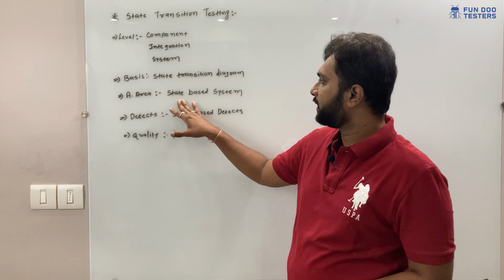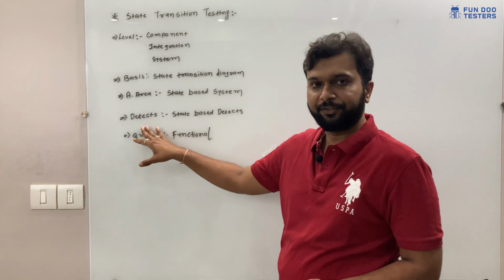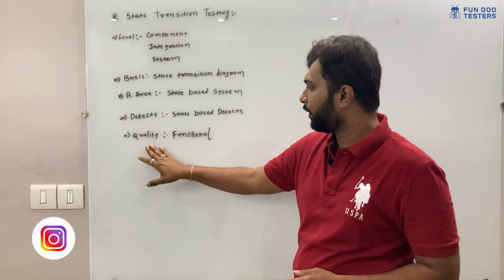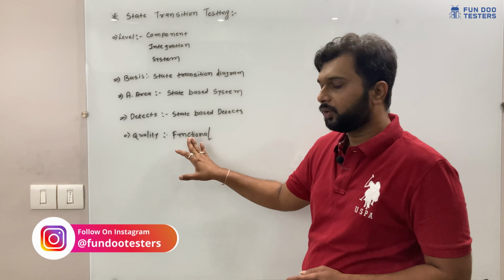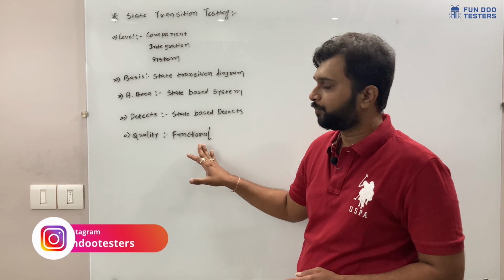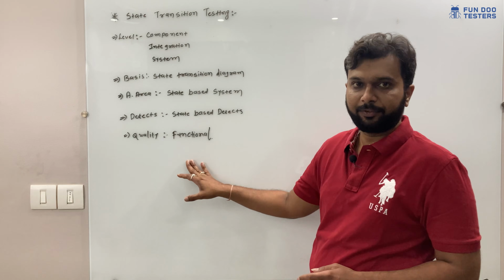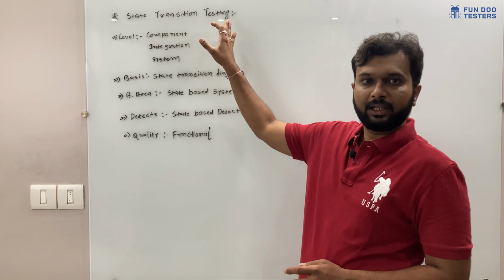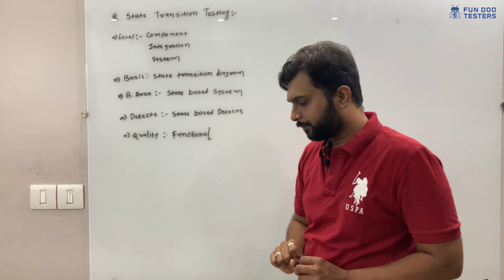The applicable area is state-based systems, the defect type is state-based defects, and the quality characteristic is functional. So we can find defects in functional testing. Whenever we perform functional testing, at that time we can implement the state transition testing technique.